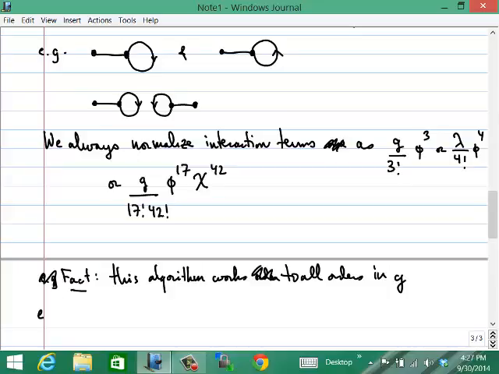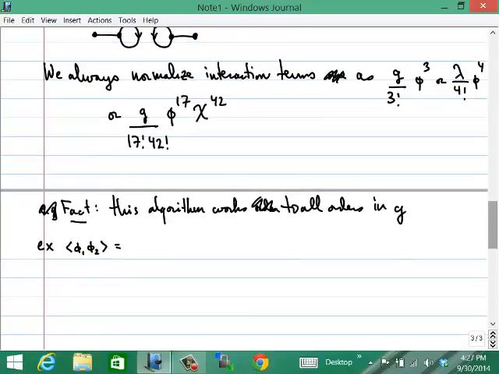So, for example, if we want to study this two-point function in a little bit more detail, then you'll have a term that's of order G to the 0 that looks like this. And then you can prove that there can't ever possibly be a term that's linear in the coupling constant.